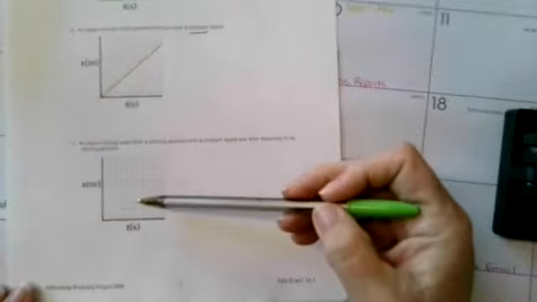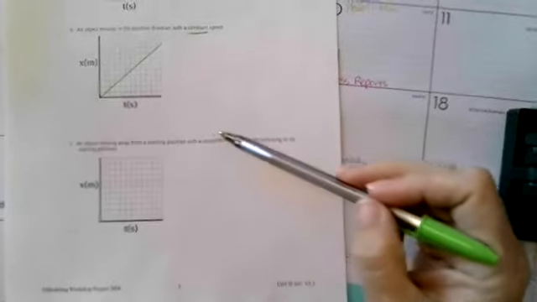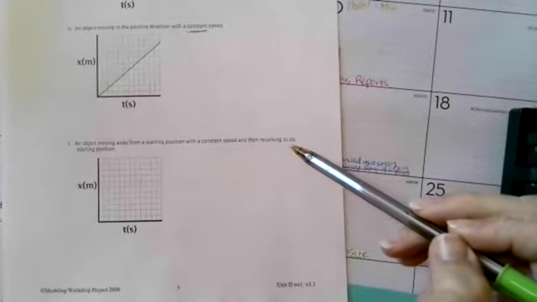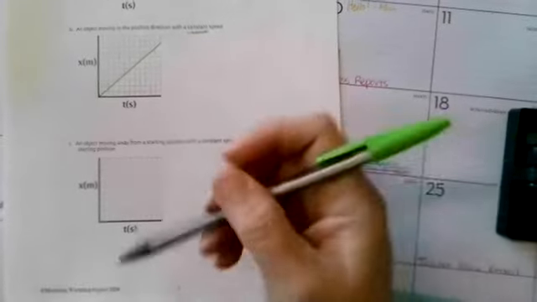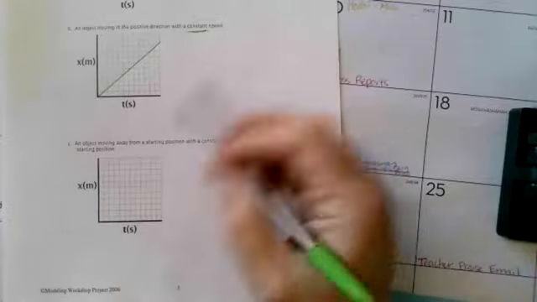And then the last one, we have an object moving away from a starting position with a constant speed and then returning to the starting position. So it doesn't matter where they start as long as they come back to it, right? They're running somewhere and running back.